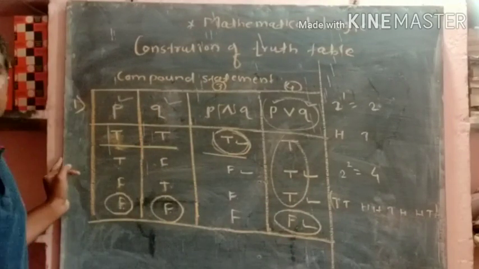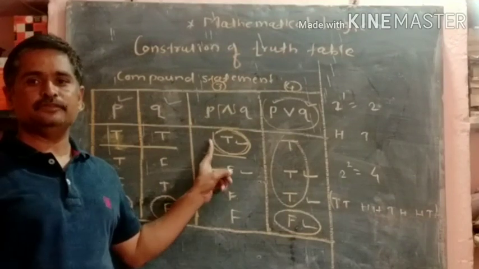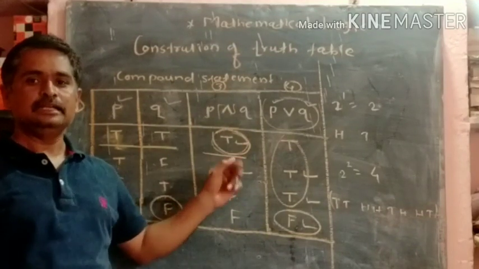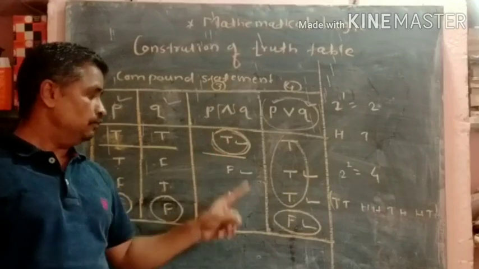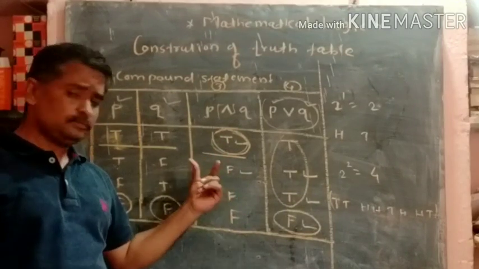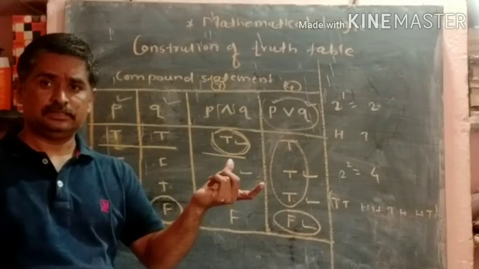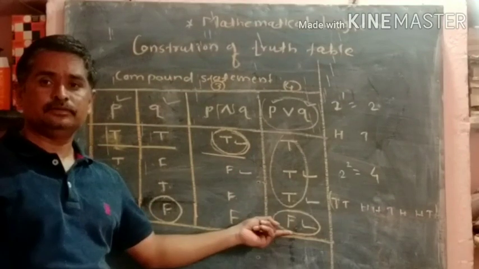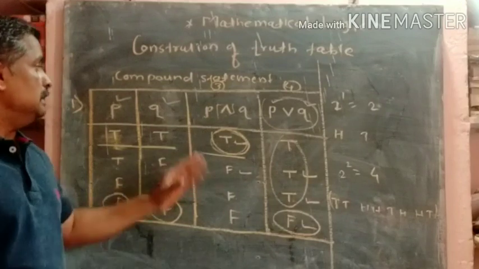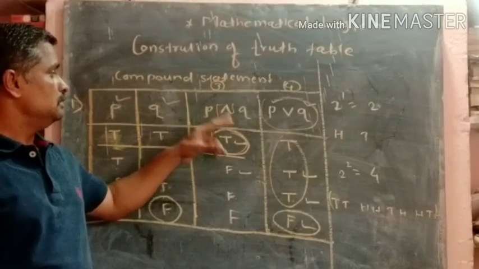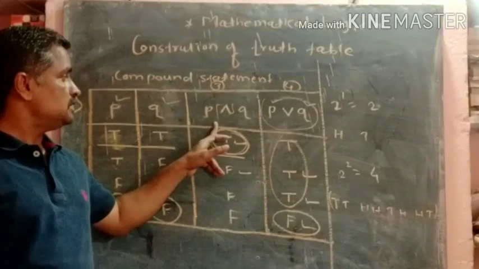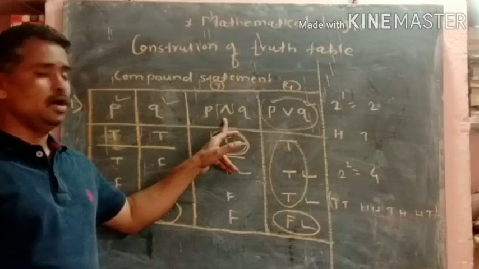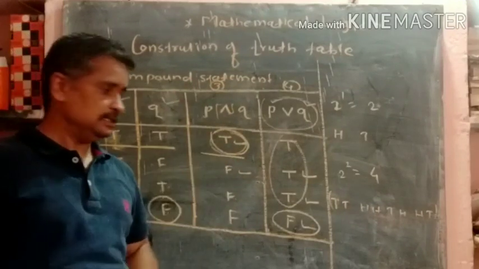In a conjunction, the value is T when both are T, and in a disjunction, when both values are F, then it is F. So this is the procedure to construct a truth table of conjunction and disjunction.